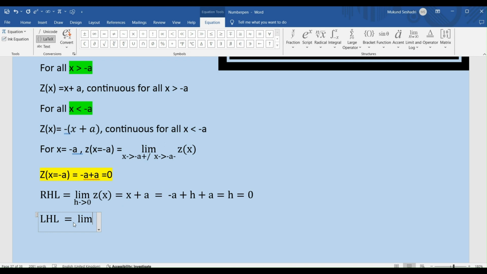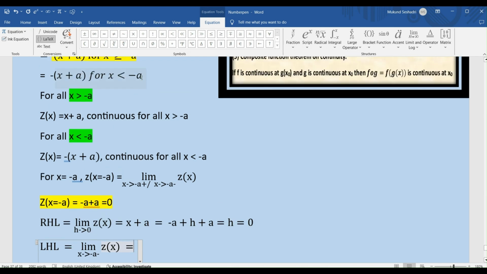I'm going to write it like this and then come back and alter h. So let's do that. My x getting to minus a minus h. So minus a minus h, and what is my z of x in that case? So now we know that when x takes a value which is minus a minus h, then it is lesser than minus a.